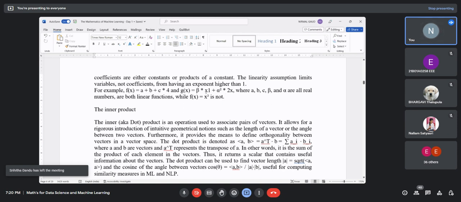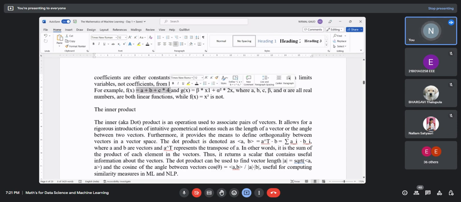You know that the degree of the variable x here is 1. Also, one more thing: a plus b plus c into 4 is also a linear function.